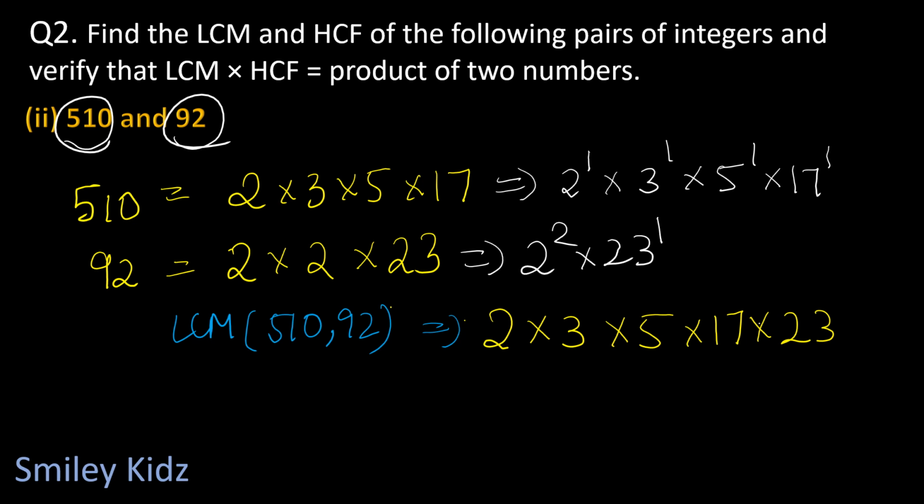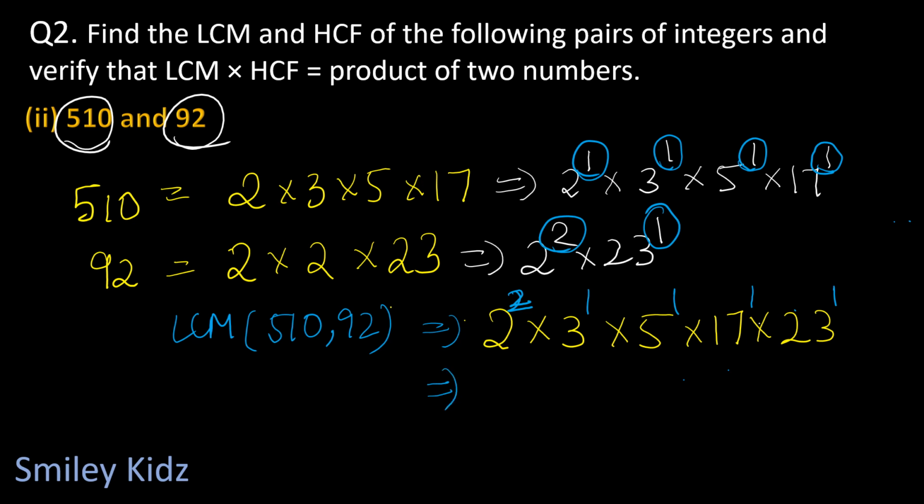Alright. Now, we have 2 whose highest power is 2, isn't it? 1 is greater or 2 is greater? 2 is obviously greater than 1, isn't it? So it is 2 square times, and we have 3 to the power of 1, 5 to the power of 1 and 17 to the power of 1 as the highest powers in fact. And 23 also has the highest power as 1.